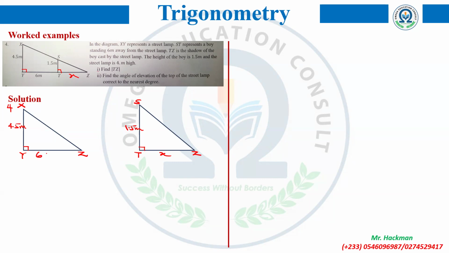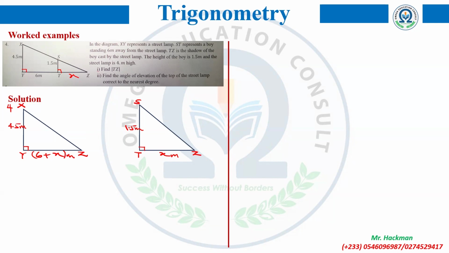This will be 6 plus X. Let me attach the unit: X meters, and put everything in brackets and introduce the meters there. Somebody can write 6 meters plus X meters, it is the same thing. All right, so at this point, we are in a comfortable lead.